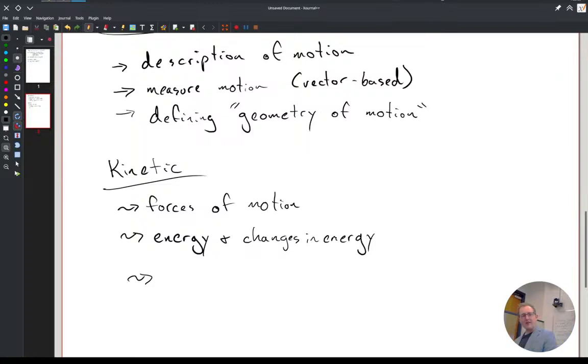What happened? How did it move? What were the forces or energies involved? That's the two things there, kinematic, kinetic.